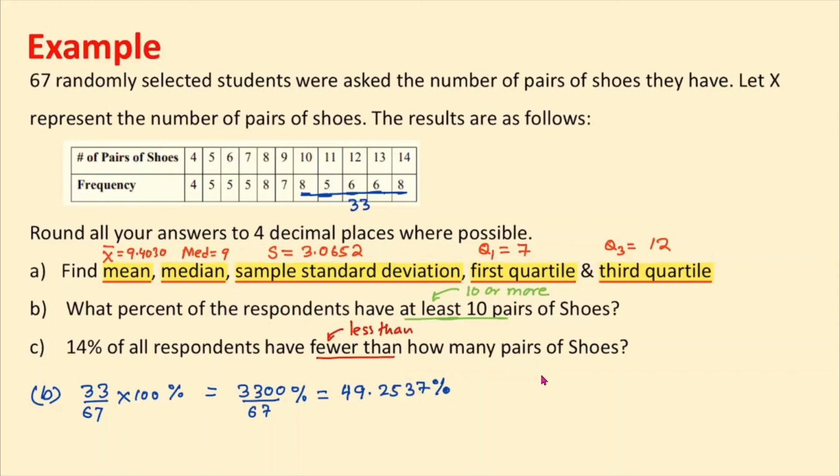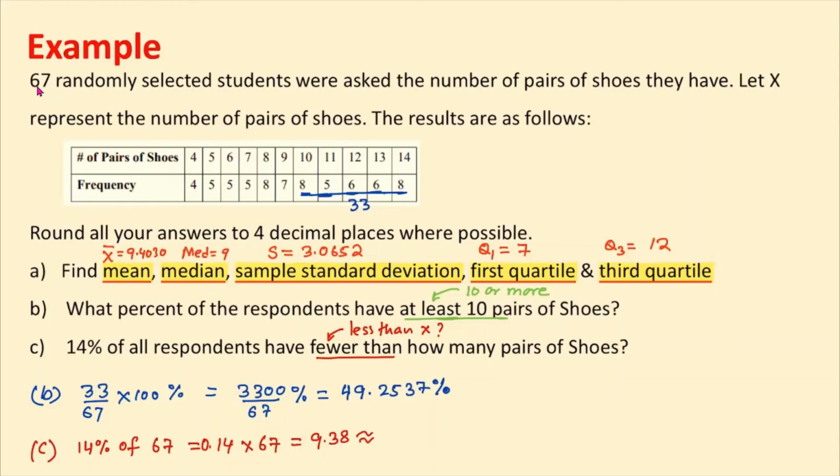Less than X. And we need to find that X. Here we are talking about 14% of all respondents. All respondents means 67, so 14% is 0.14 times 67. We can multiply this. 0.14 times 67 will be 9.38.